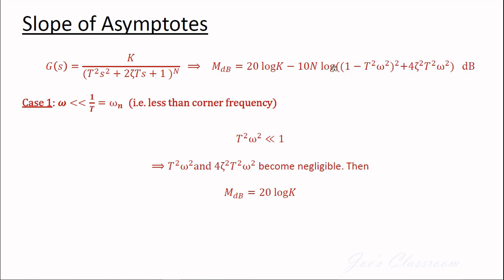Log 1 is 0, and therefore this entire term vanishes, and the only term remaining in the expression is 20 log k. Obviously, this is a straight line with 0 decibels per decade and having a magnitude of 20 log k. So what we understand is that for all frequencies lesser than omega n, or the corner frequency, I can assume the Bode plot to be a straight line with a magnitude of 20 log k and slope 0 decibels per decade.